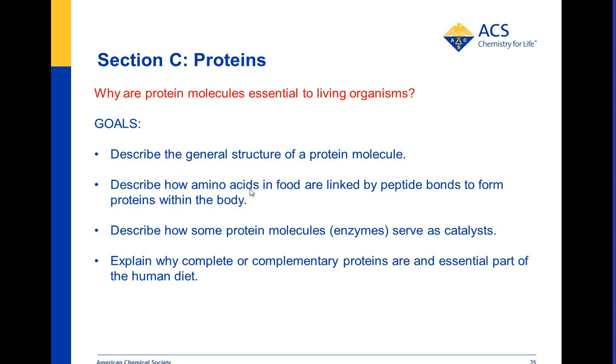They also learn how amino acids form peptide bonds and how the linkages of the amino acids determine their function. Students will also learn that some amino acids can be synthesized by humans and how other amino acids need to be part of the diet.